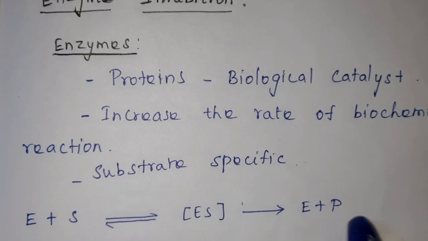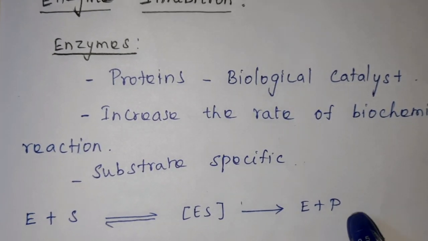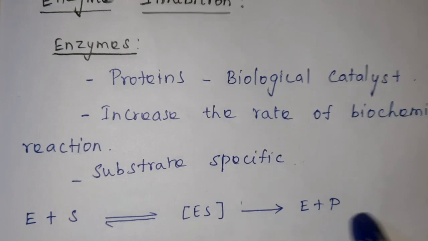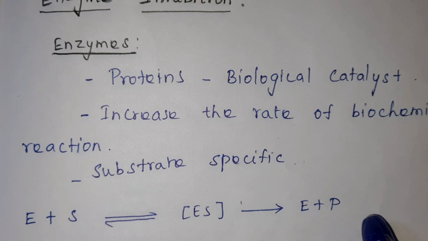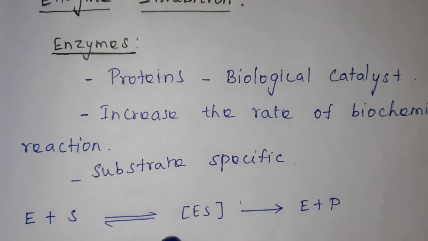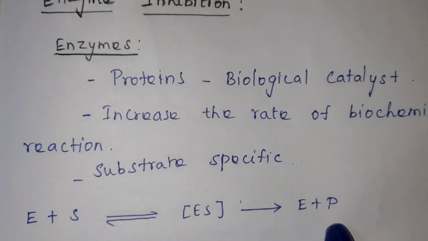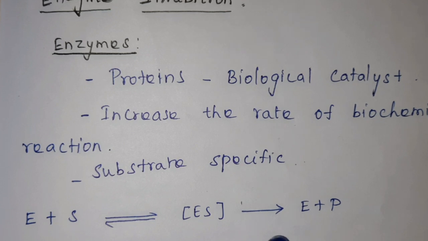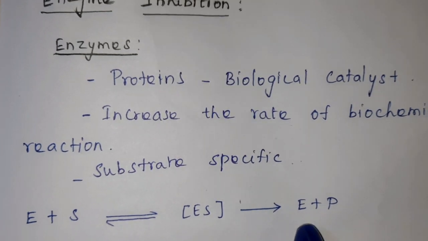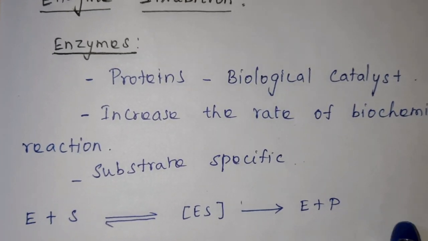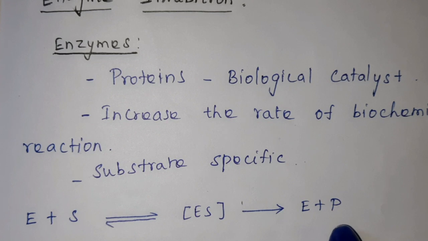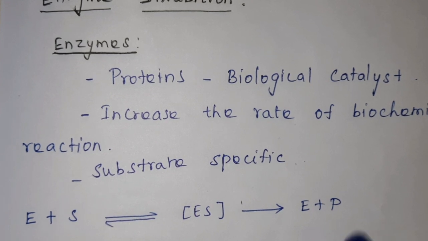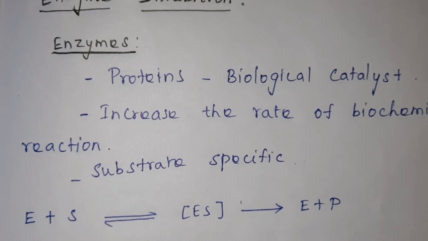Then this enzyme substrate complex dissociates into enzyme and product. Now this reaction is regulated or inhibited by enzyme inhibitors. So enzyme inhibitors are mainly used to regulate this enzyme catalyzed reaction, or they may be used to inhibit this reaction. Let's see about the inhibitors.